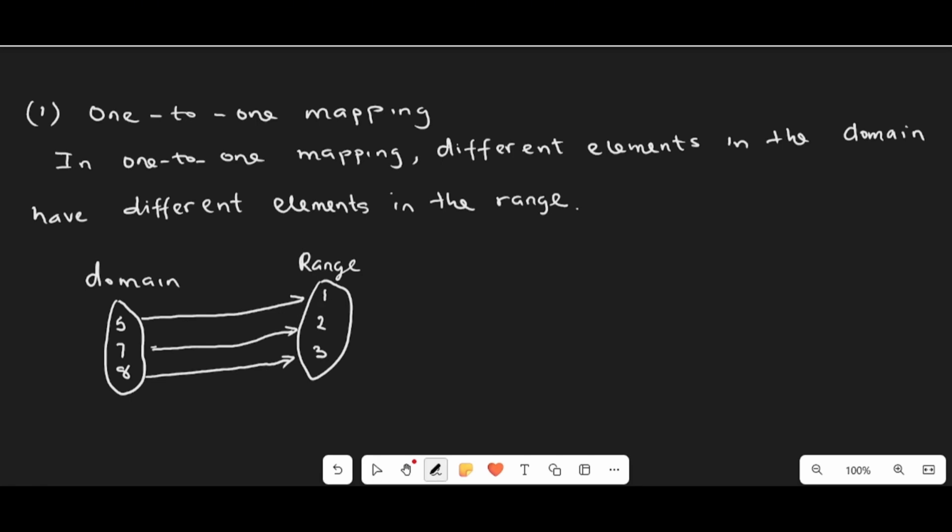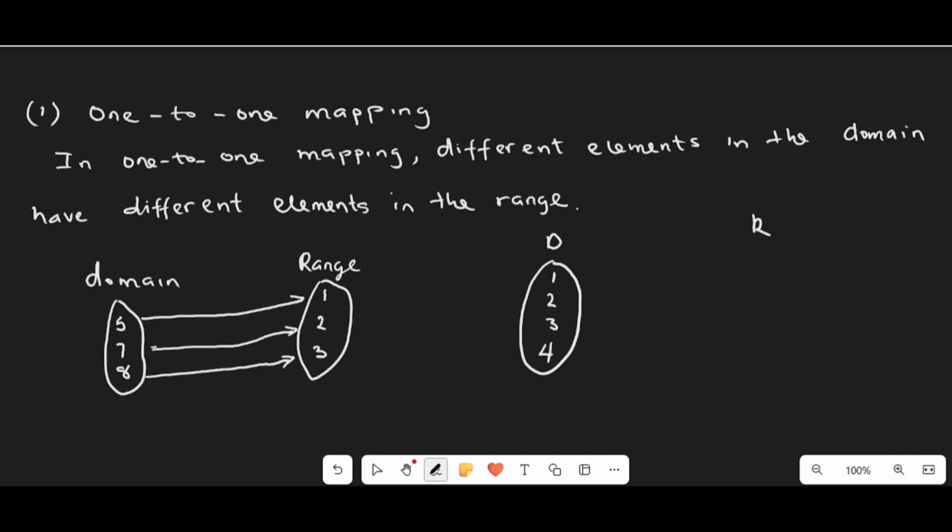Now let us consider an example that is not one-to-one mapping. Let us represent our domain with D here. We have 1, 2, 3, 4.